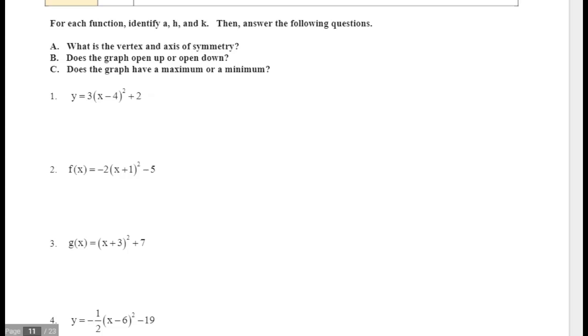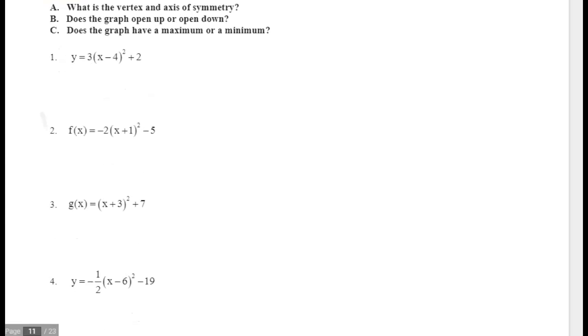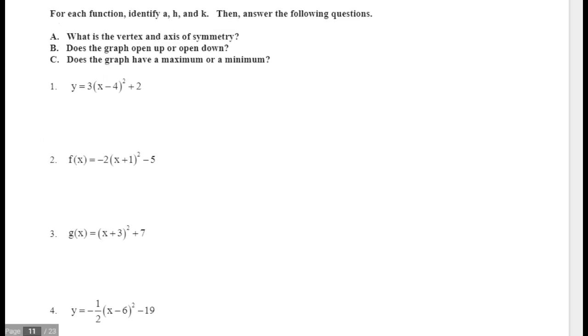Okay, it says identify a, h, and k, and then answer the following questions. So we're going to break this section down into 2 days. They want to know: identify a, h, and k. On all of these, you'll just do a, h, k. That's pretty easy on this first one, and should be for all of them, just because you're applying it off the formula.